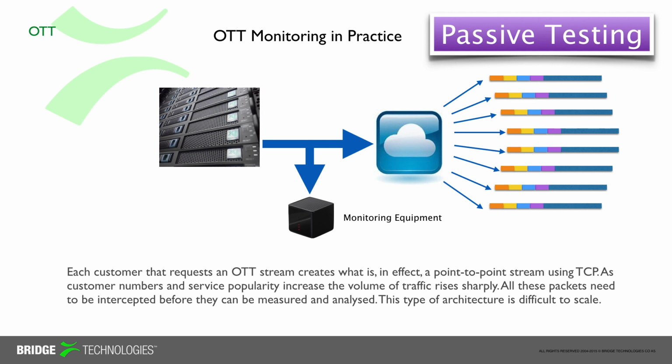And of course, OTT is a point-to-point system using TCP/IP. We discussed in the previous session, session 7a, when we looked at the theory, every single OTT stream that goes to a customer is a point-to-point. So you can immediately see the problems with scaling this. The more customers I have, the more traffic I generate.